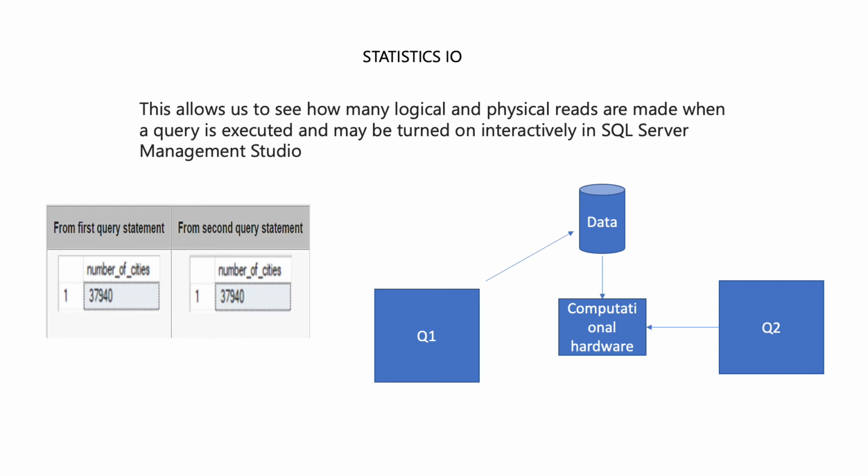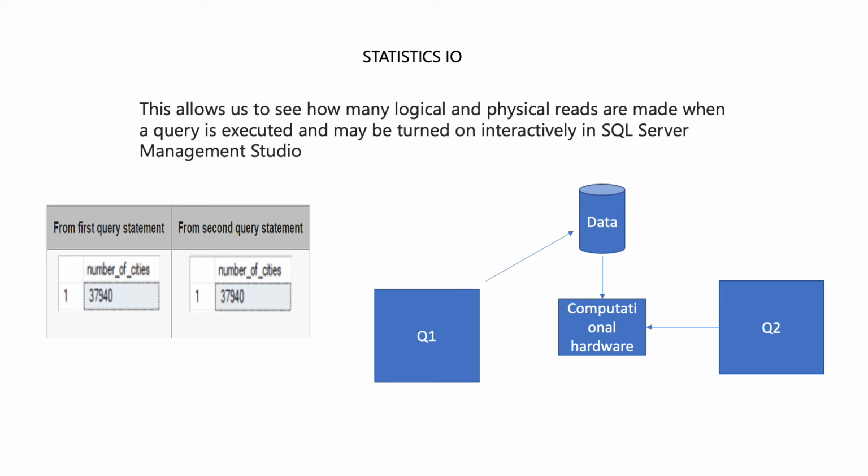Statistic input-output. Statistic input-output allows us to see how many logical and physical reads are made when a query is executed, and may be turned on interactively in SQL Server Management Studio.